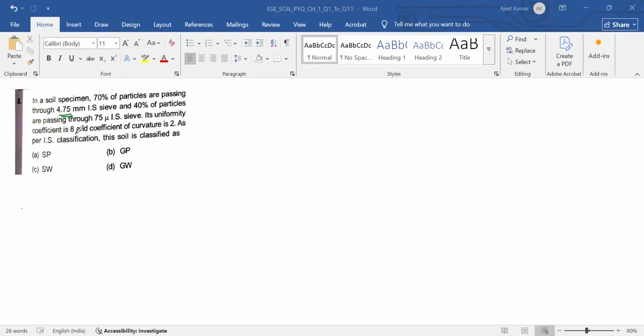Its uniformity coefficient is 8 and the coefficient of curvature is 2. So 70% of particles are passing through the 4.75 mm sieve.